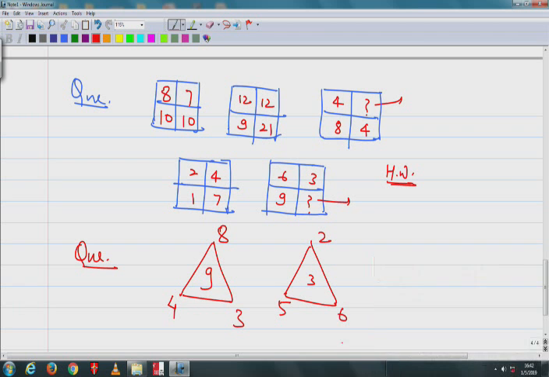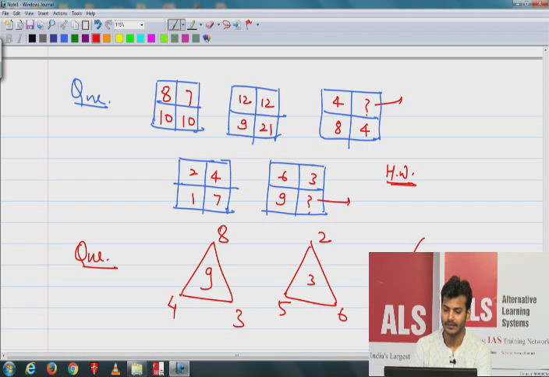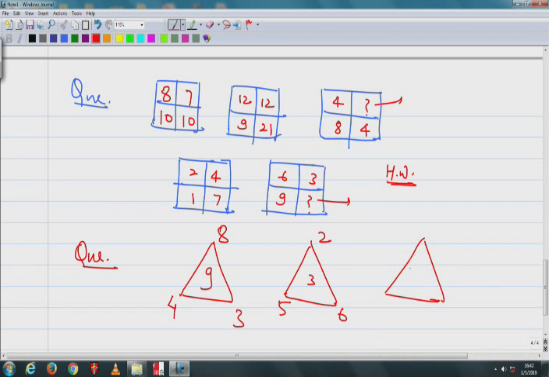This is 6. And lastly, this is 1. This is 10. And this value you can take 2. This you have to find out. This you have to find out.